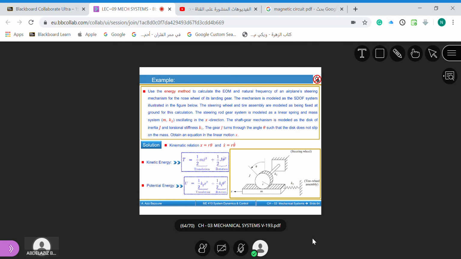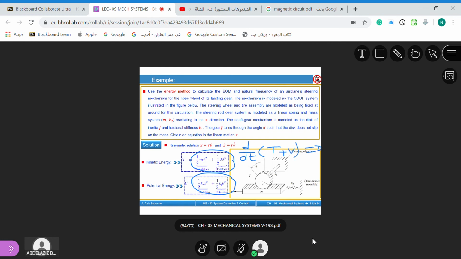So this one will be T, the total energy, plus this one. If we add them and then take the differentiation d/dt of the total energy T plus V, we should equate it to 0.